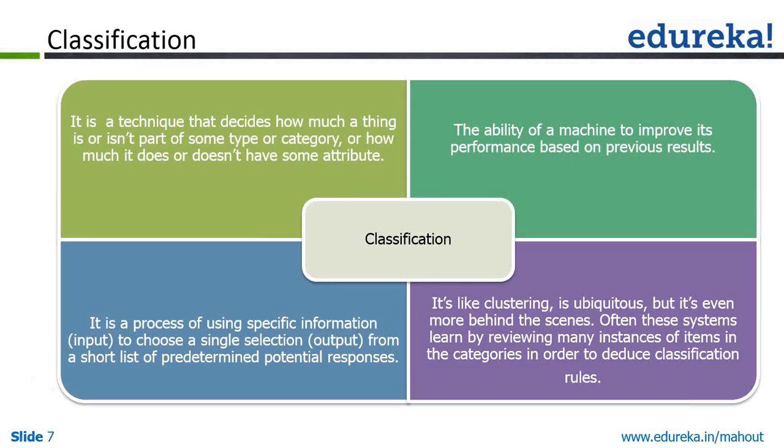Basically, classification is a process of using specific information to choose a single selection from a short list of predefined potential responses. Classification and clustering: clustering is an unsupervised learning in the machine learning field, by definition, and classification is a supervised one.